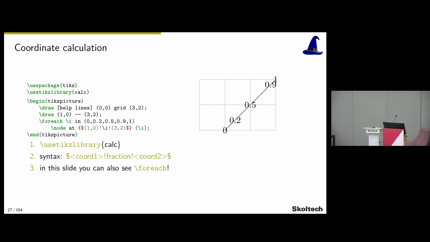So this whole interval is 1, and I want, for example, the second point to be at a distance of 20% of this interval. To do this, you need the special library calc, and you can place these points.